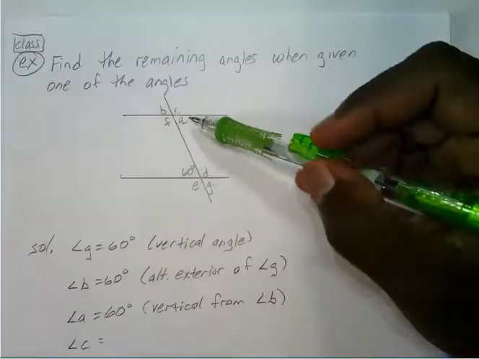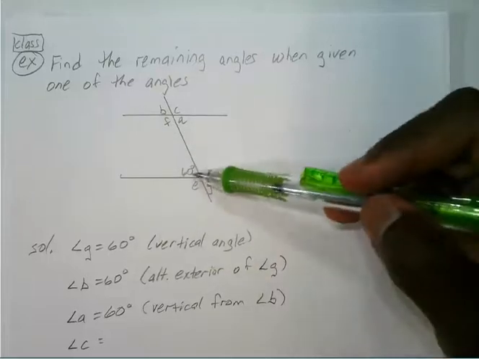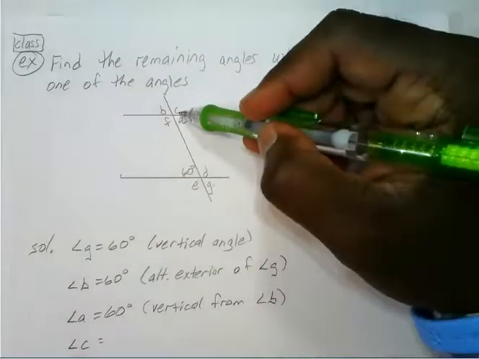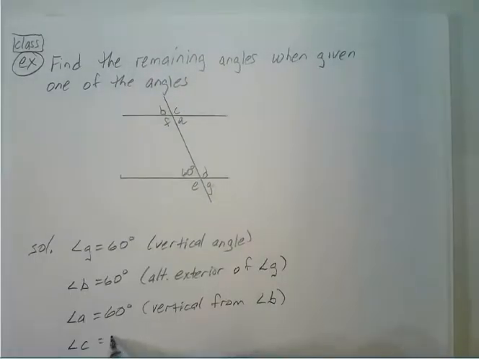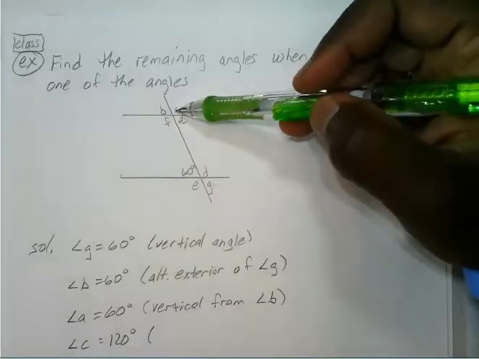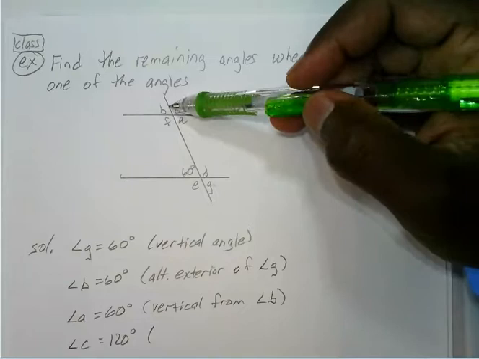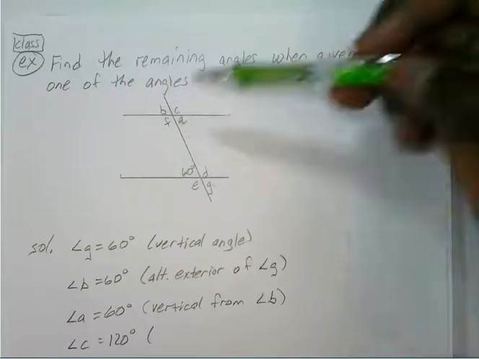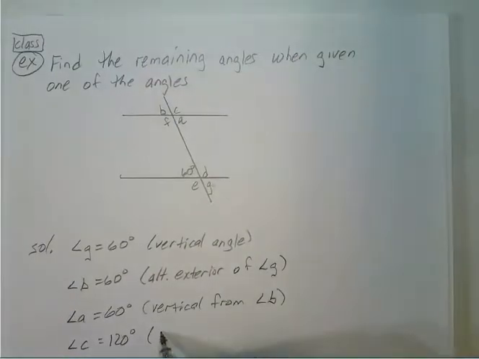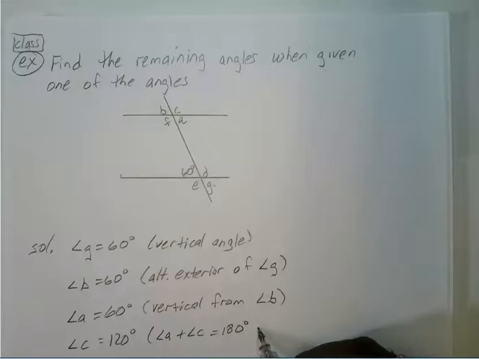With that one, you can use corresponding angles, but we don't want to use corresponding angles because we don't have angle D. But we do know that angle C is equal to 120 degrees. How do we know that? Well, angle C and angle A make a straight line, so they're supplementary. So angle A plus angle C equals 180 degrees.